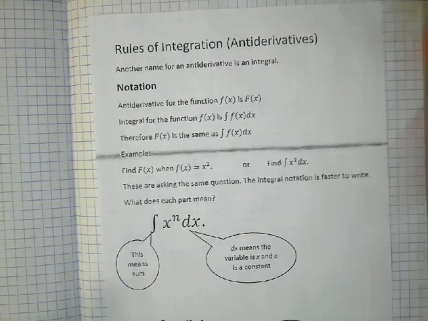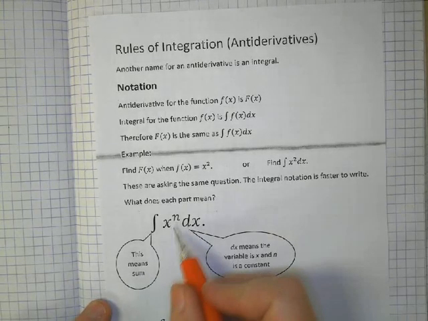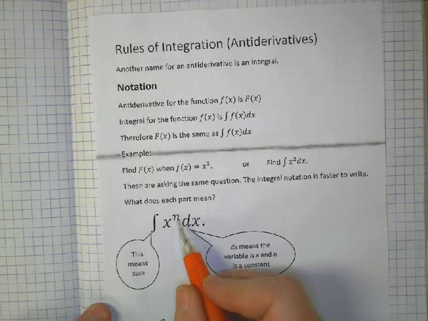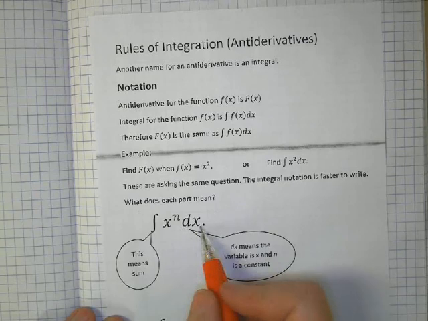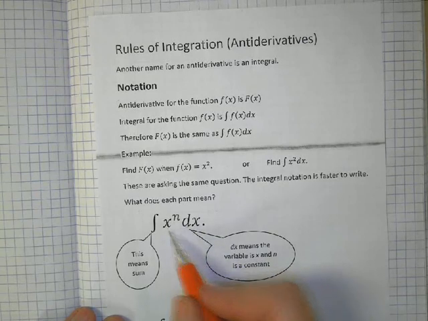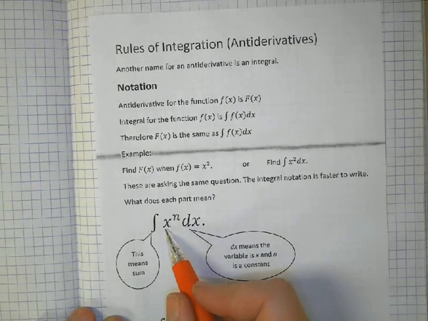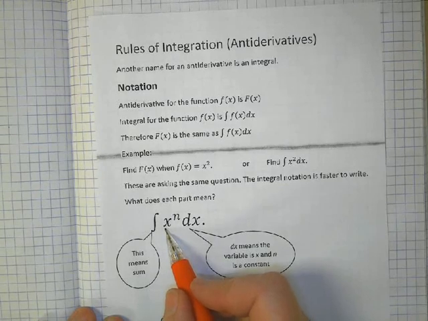Let's talk about what the dx means. Notice over here in my function, in my f of x, I have an x and I have an n. The dx is here to tell us which letter is the variable. So the x is the variable. N is just some number that we don't know yet. But x is, like when you're plotting a line, you can put in any number for x and then figure out what the corresponding y is.